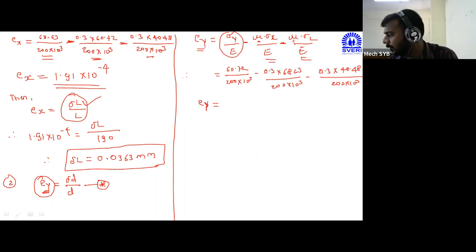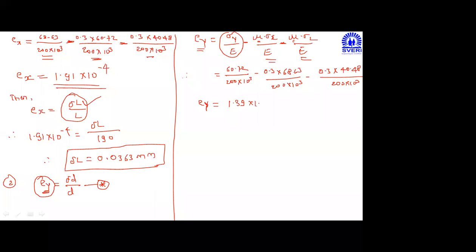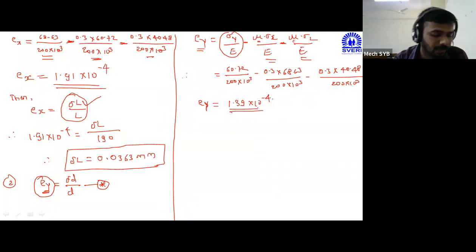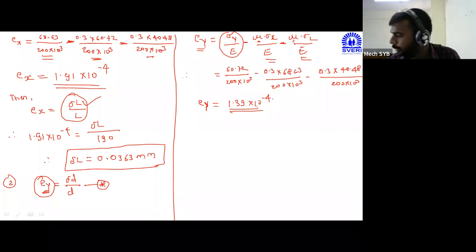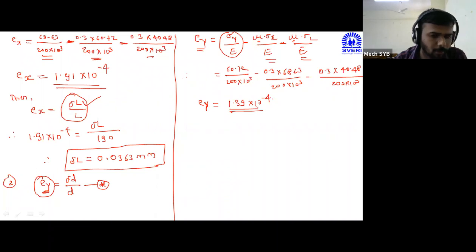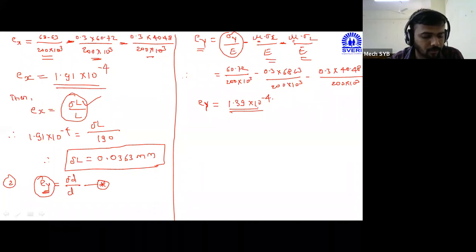Epsilon y, one answer I got, 1.39 into 10 raised to minus 4. Okay, then what about other answers? 1.40, no problem, it is also accepted. 1.39 into 10 raised to minus 4 or 1.40 into 10 raised to minus 4.